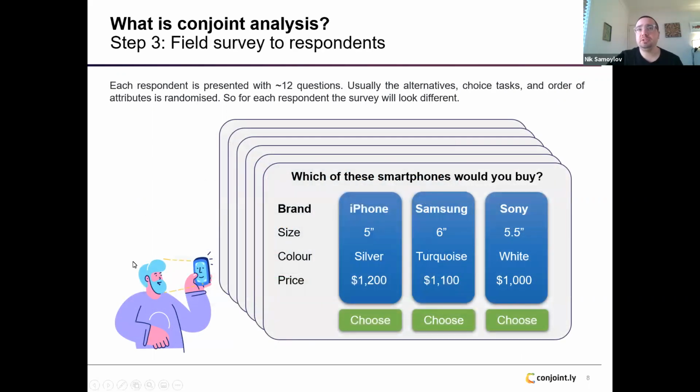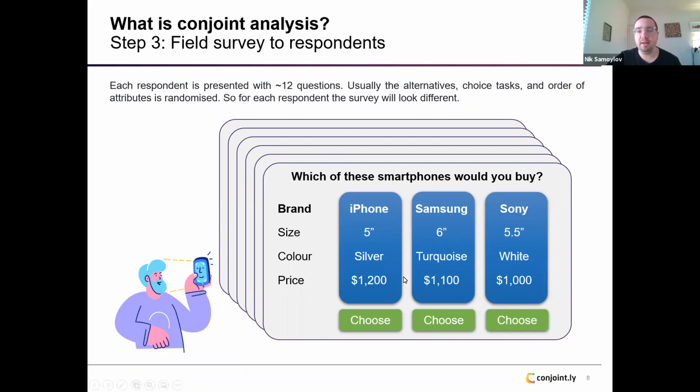Typically, we don't do it just once. Typically, when a respondent sees a dozen questions, this gives us enough information to understand what that respondent likes in a product, what levels drive their preference. By asking them to make repeated choices, we learn about the trade-offs that they're making.